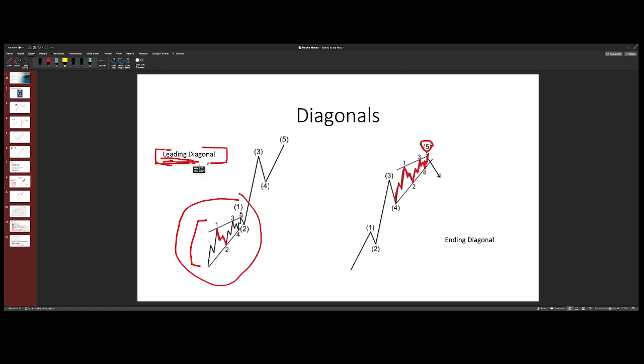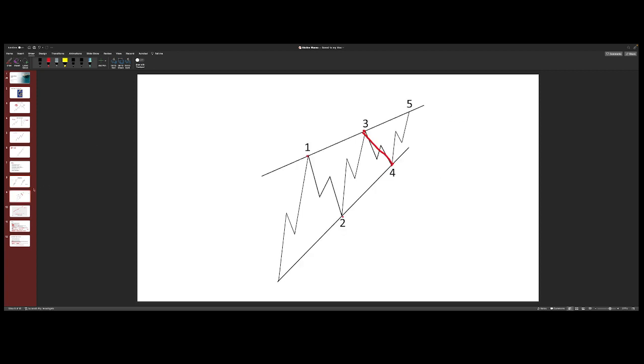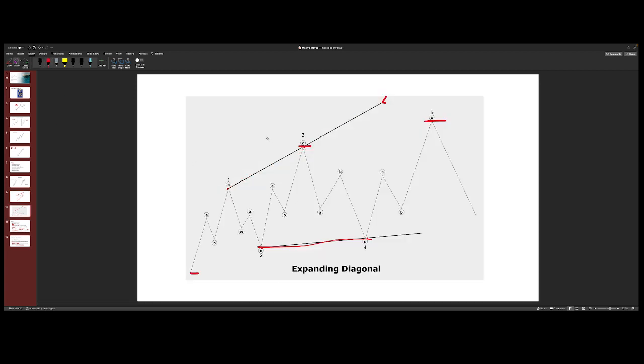There is the leading diagonal that only occurs in this section, and then we have the ending diagonals that only occur in wave 5, and we have 2 variations of both. The variations are contracting, where the lines come together, and expanding, where the lines diverge from each other. They split away.